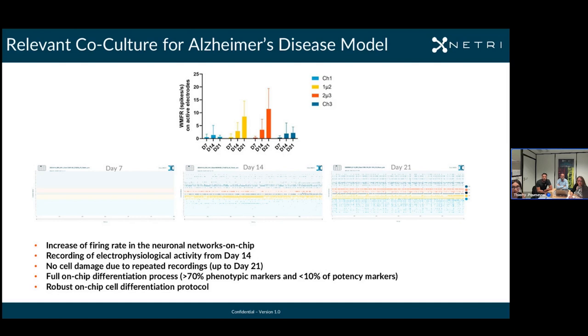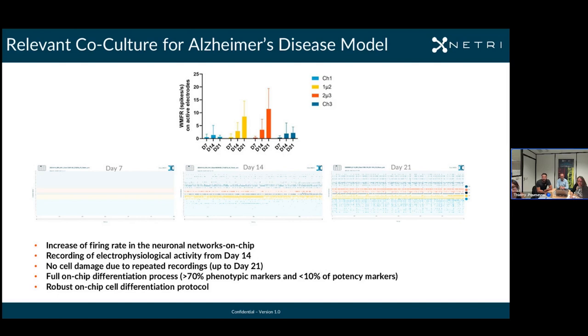As we culture them, from day 7 all the way to day 21, you can see an increase in firing rate in the neural network. The recorded activity starts to be fairly good from day 14, but we usually push it all the way to day 21 to make sure that we have maximum activity. The good thing that we could see from this kind of exploration was that there was no cell damage due to repeated recordings.